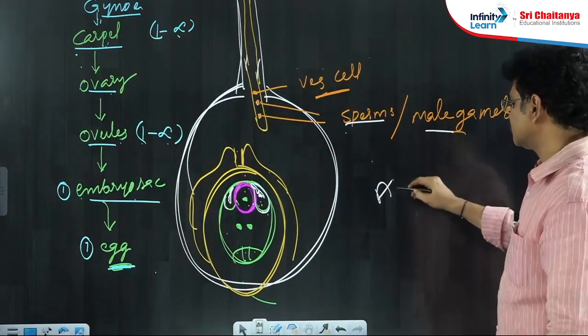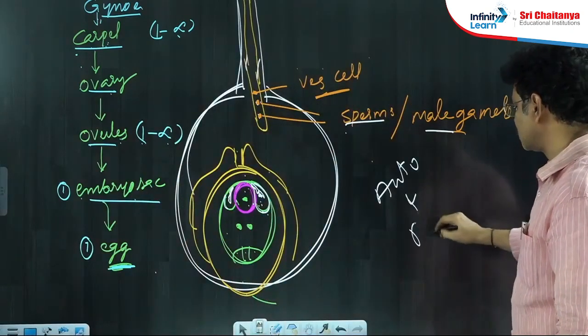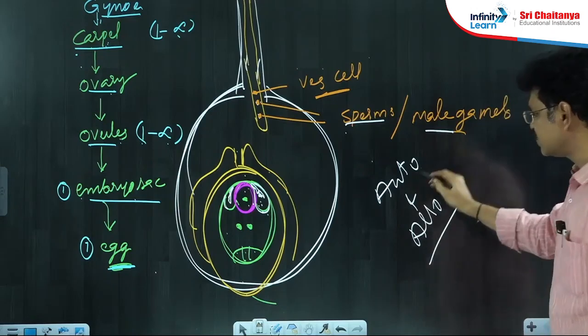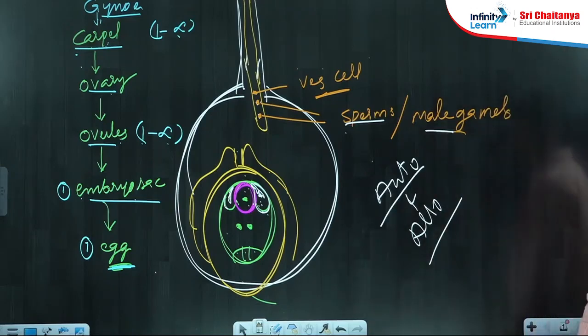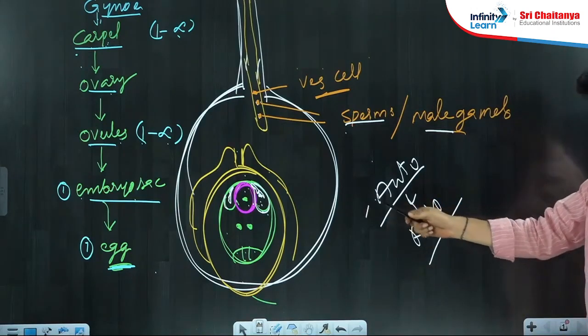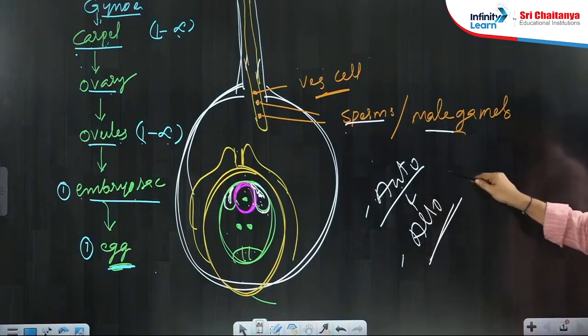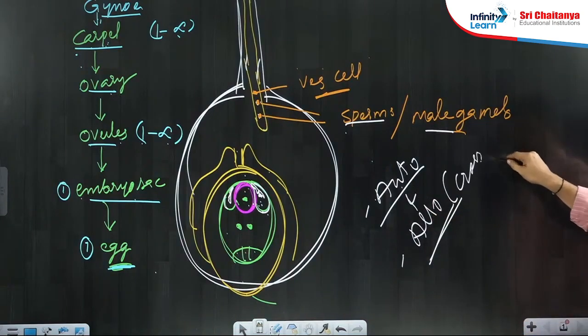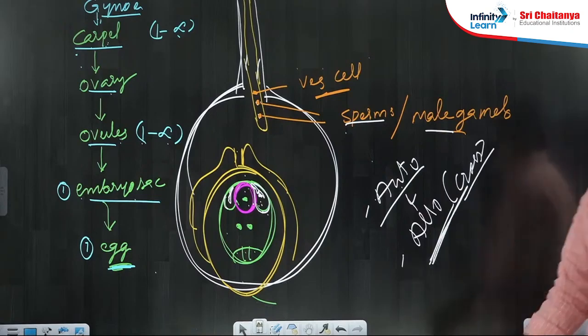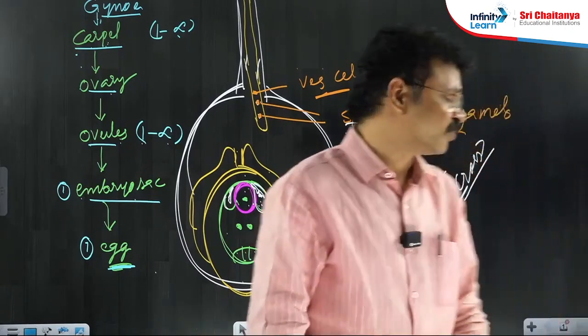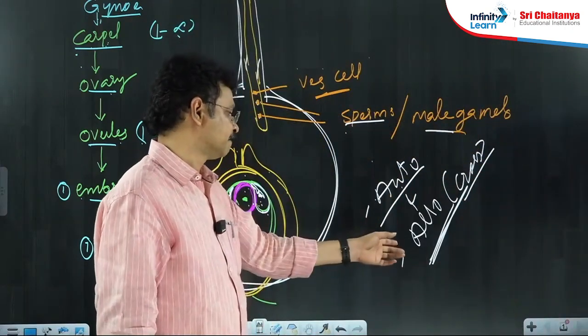Among these two types of pollination, autogamy and allogamy, which one is more beneficial for the plant? The more beneficial kind is allogamy, cross pollination, because cross pollination leads to genetic recombinations and variations in the progeny.